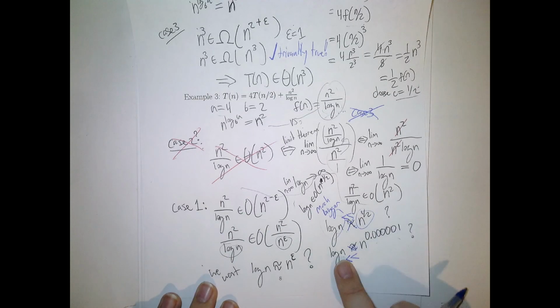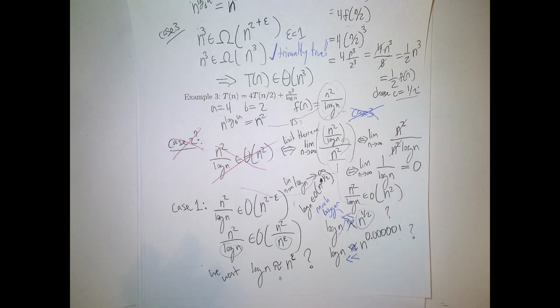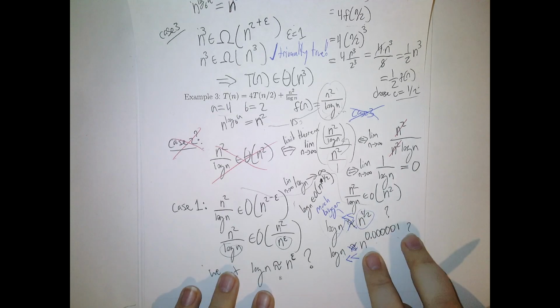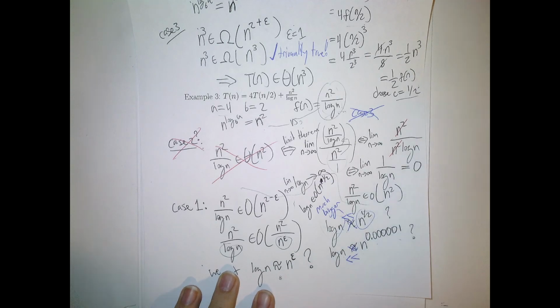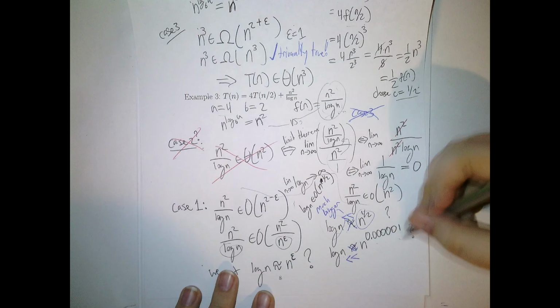And that's because log n is exponentially slowly growing. Sounds weird to say it that way, but it's like growing exponentially slowly, whereas this guy is only growing polynomially slowly. So inevitably, this guy is going to grow a bit faster than the log, no matter how many zeros I stick in there.